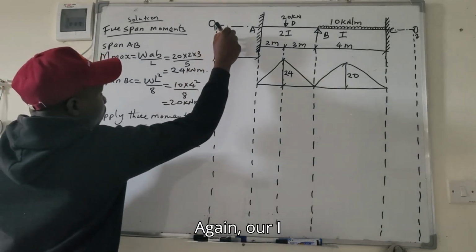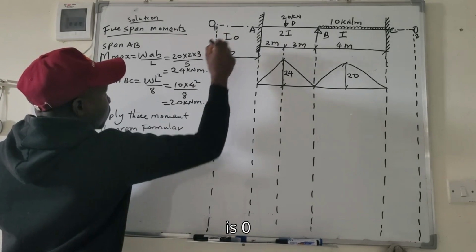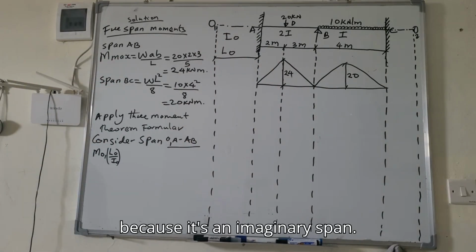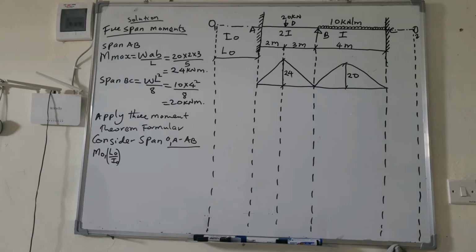Again, our I is 0 because it's an imaginary span.